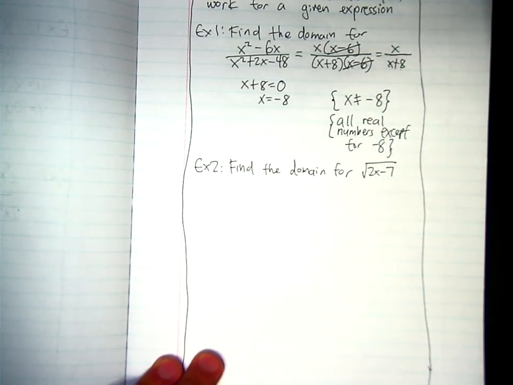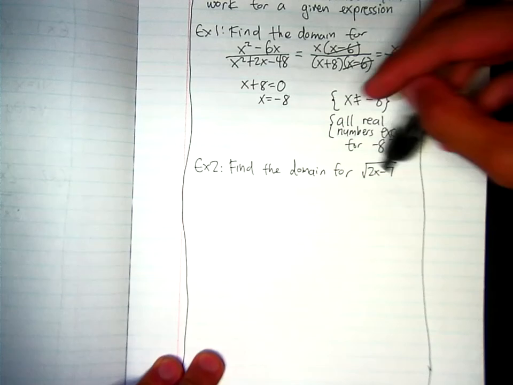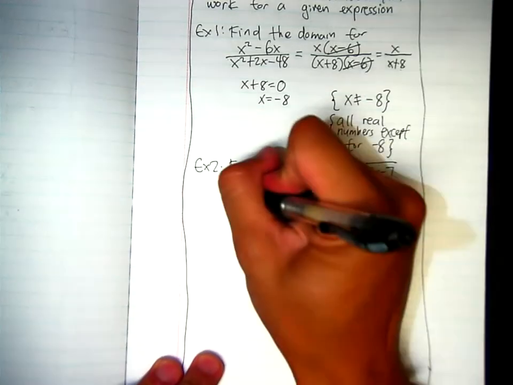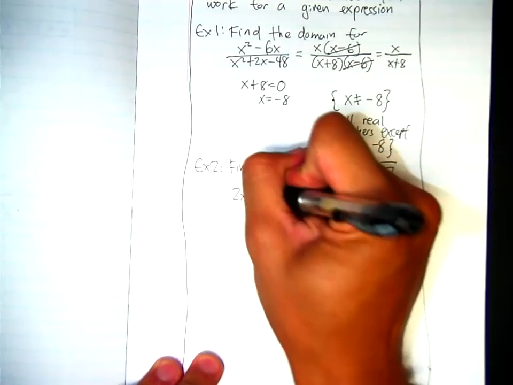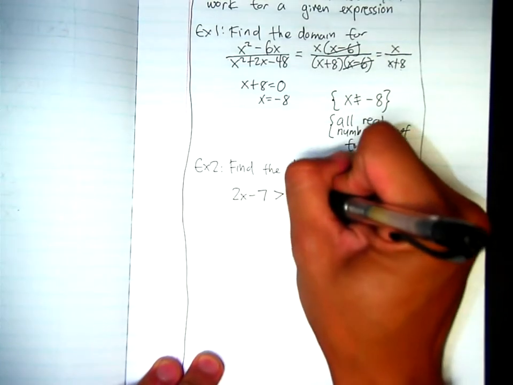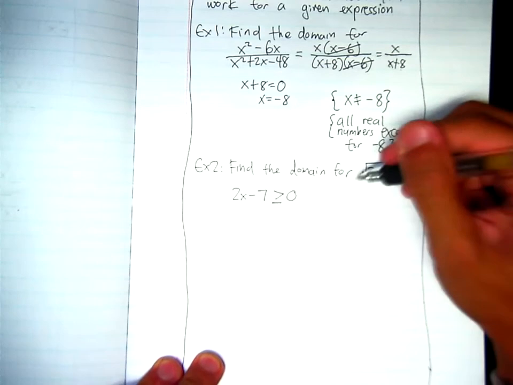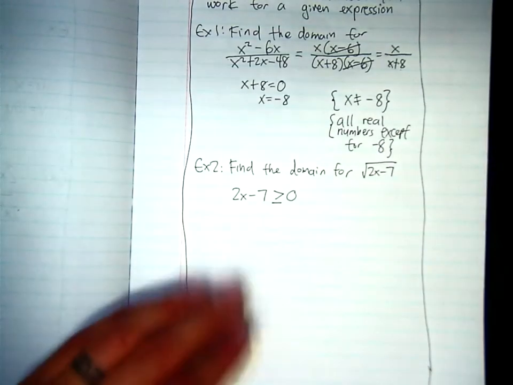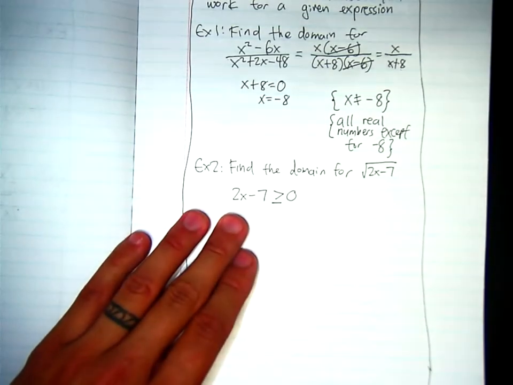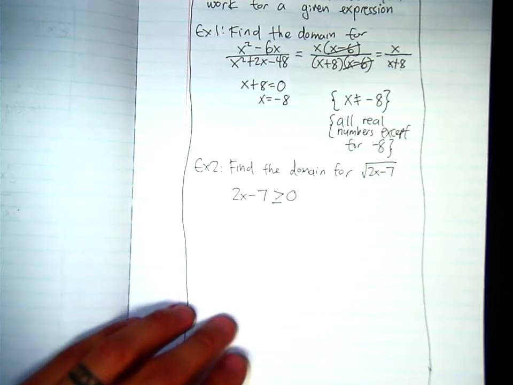If I look at the expression 2x minus 7, which is underneath my radical, that has to be greater than 0. Actually, it can be greater than or equal to 0, because I can take the square root of 0 as well. So I want 2x minus 7 to be greater than or equal to 0, and that will be my domain.